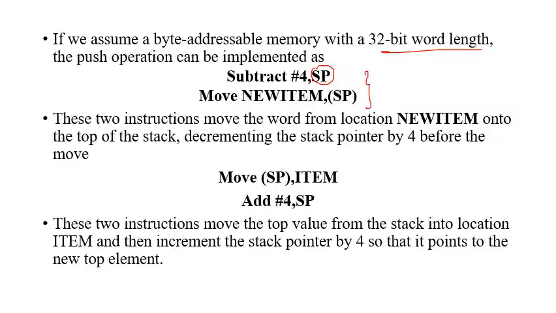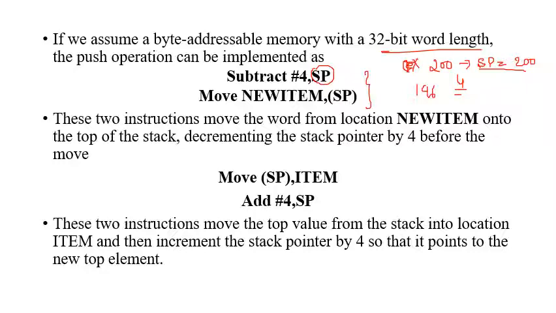As I said earlier, I'll not take a hexadecimal number, instead I'll take the decimal number 200. If we assume the stack pointer value to be 200 before performing the first push operation, the first thing is the stack pointer value has to be decremented by 4. So the stack pointer value becomes 196.